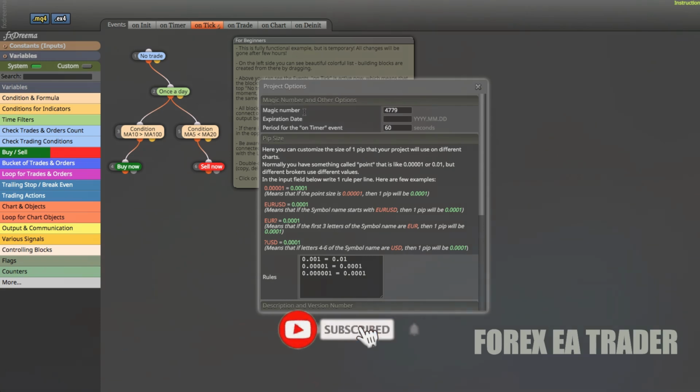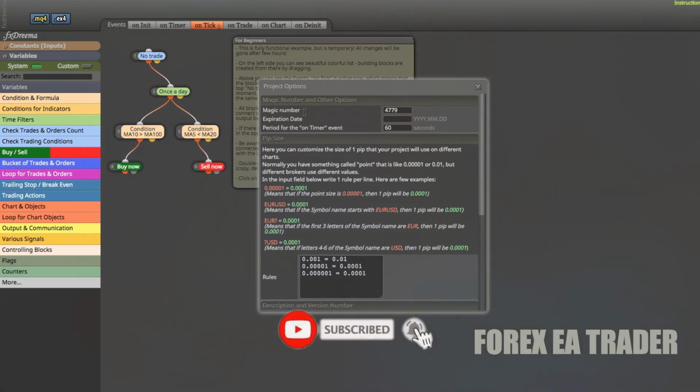And a point that I will just make before I close the video is, don't use a zero. Sometimes people are tempted to just put a zero there as the magic number. The zero is usually reserved for manually placed trades by default in MetaTrader 4 and MetaTrader 5.